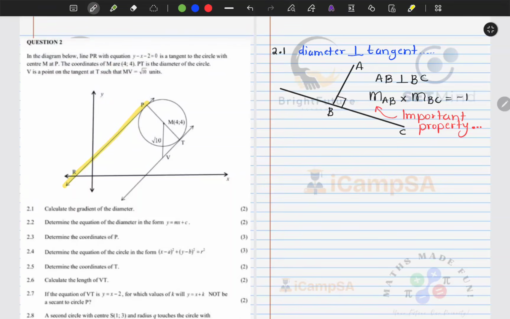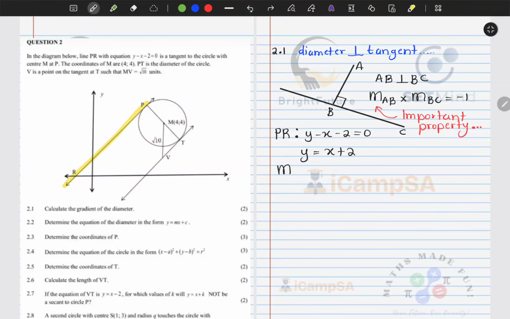Okay. So if we look carefully, we can have PR. If you look at PR, we have the equation of PR being y minus x minus 2 equal to 0, which then gives us y equals x plus 2.